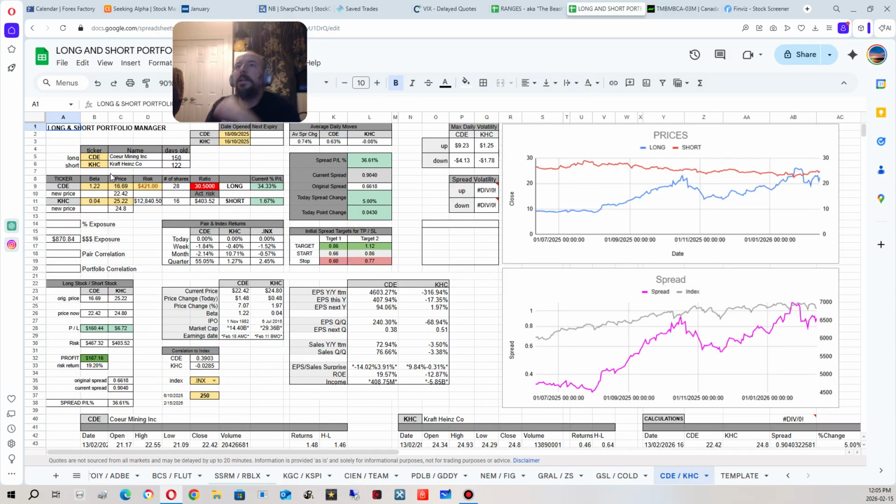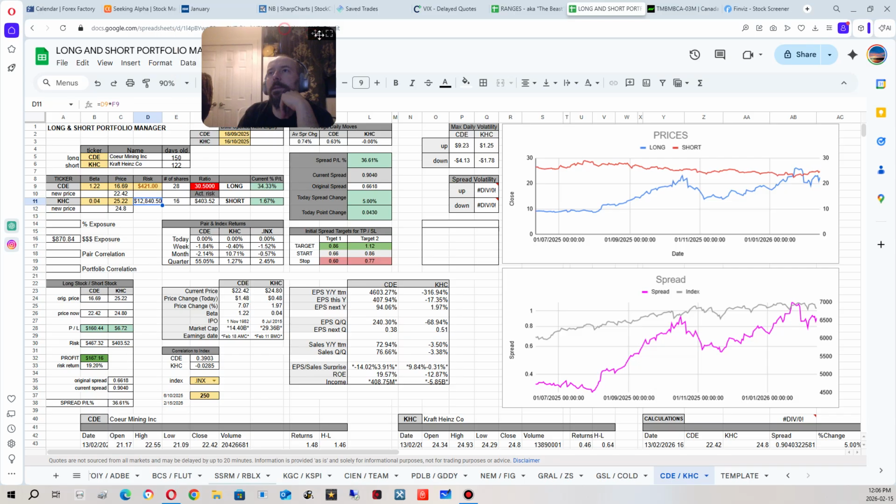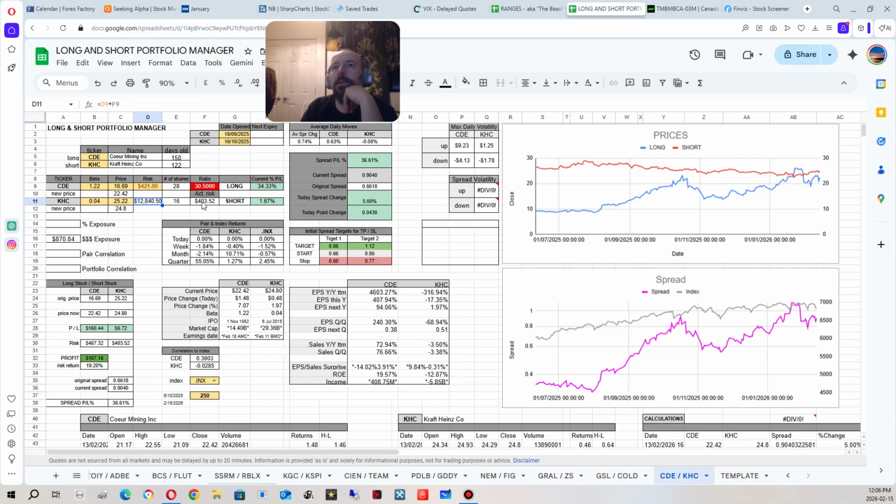CDE, Coeur Mining versus Kraft Heinz. If you look at this, the Coeur Mining, like all the other stocks, this one here is KHC. Why is this one so high? F9, so if we go to F9, what is happening here?